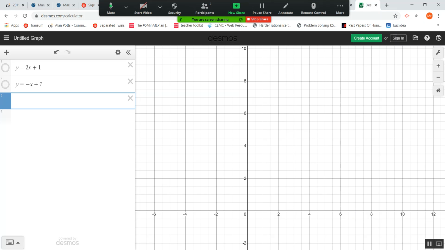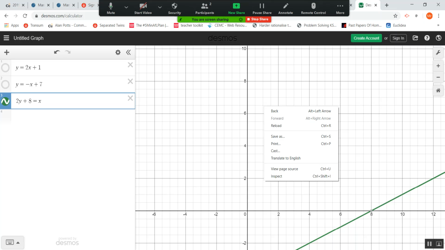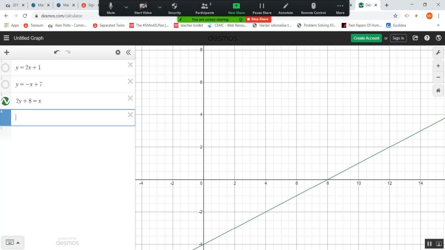Okay, I'm going to switch those off. I'm going to do the next two. So I'm going to put 2y plus 8 is equal to x. So there's a straight line. Right, that's good. And the other one is 4y subtract 2x is equal to negative 16. What do you notice?